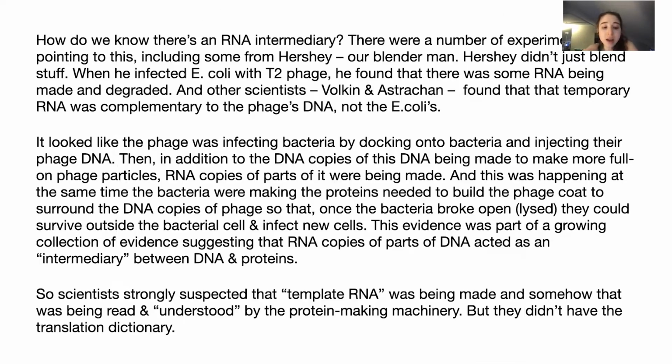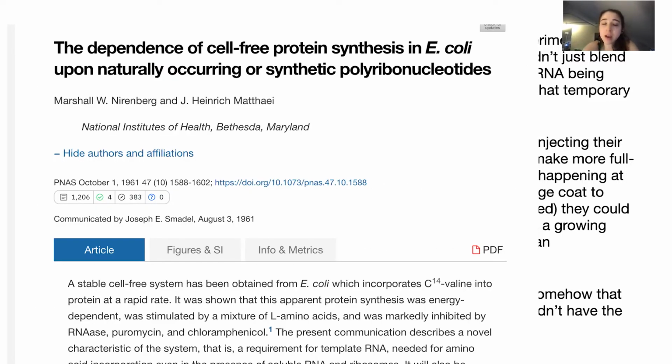So basically, they knew some things, but not a lot of things. Some of it was the existence of the RNA intermediary between the DNA and the protein. So we're talking about the messenger RNA here. I'll show you, they actually did some really cool experiments investigating the components that were important, and they were doing this in a cell-free manner.